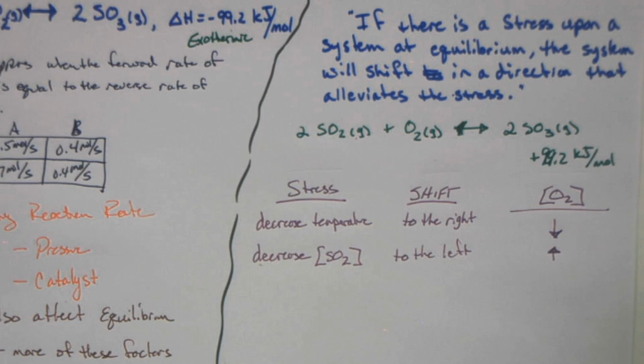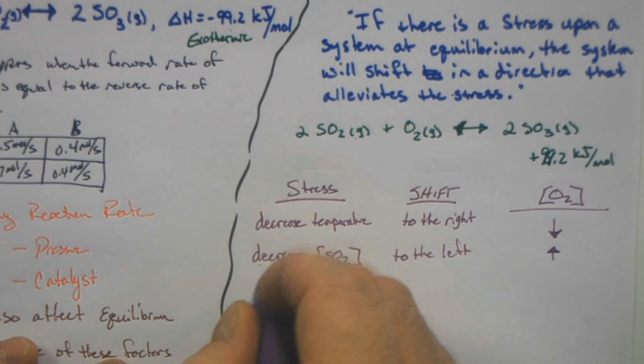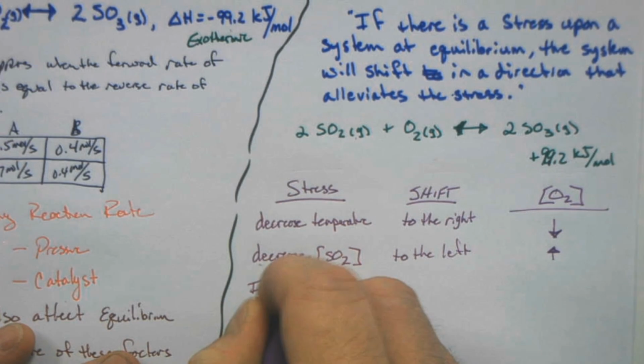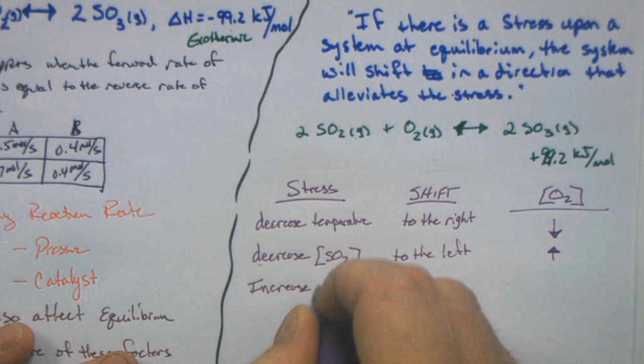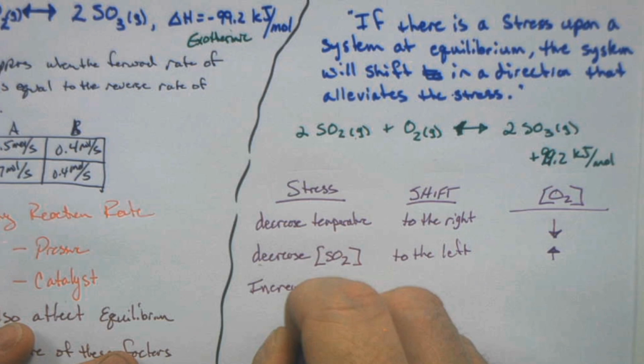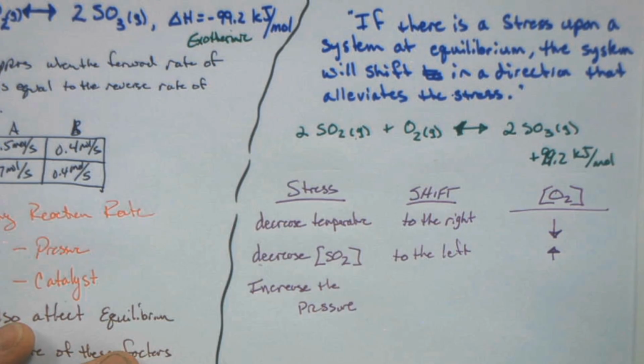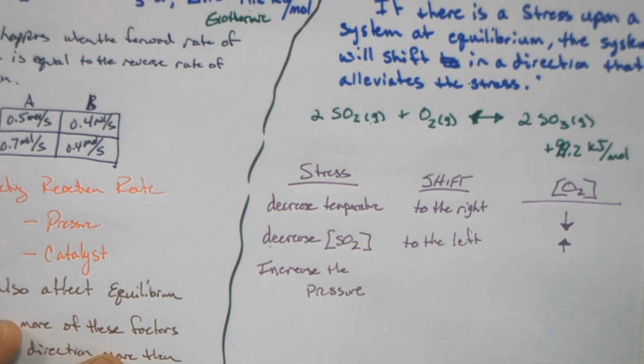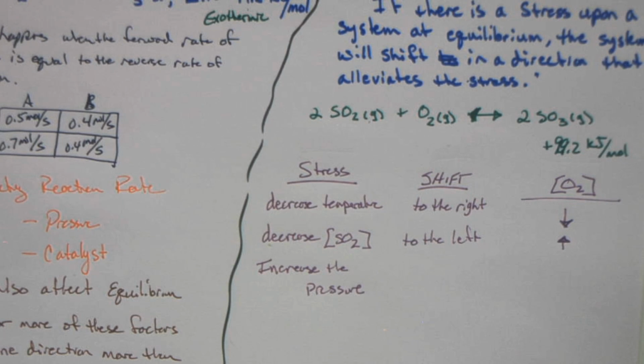Here's the tough one. This is probably the hardest one to understand. If we increase the pressure on the system, this whole thing is happening in an enclosed container. If we increase the pressure in the container, which way are we going to shift?